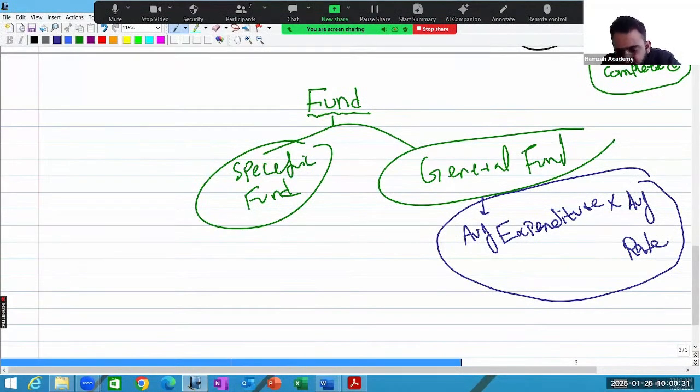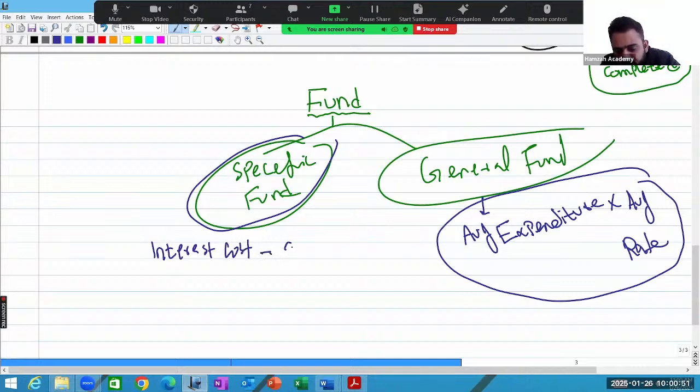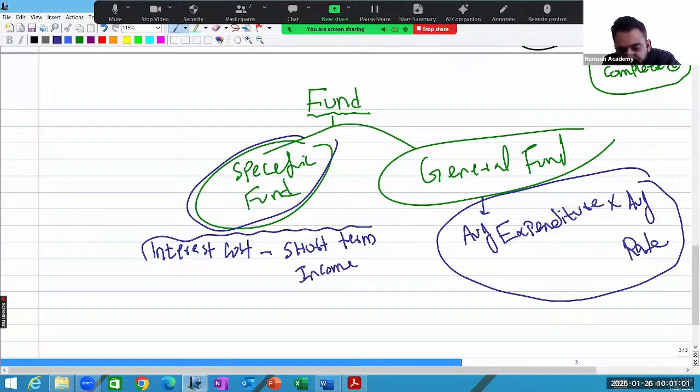And if we are using the specific fund, meaning the loan is specifically taken for a specific asset, in that case we will calculate the eligible interest cost, and we will deduct any short-term income, and the net answer will be capitalized in the cost of the asset.